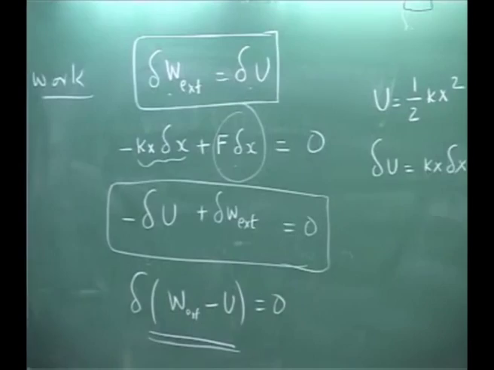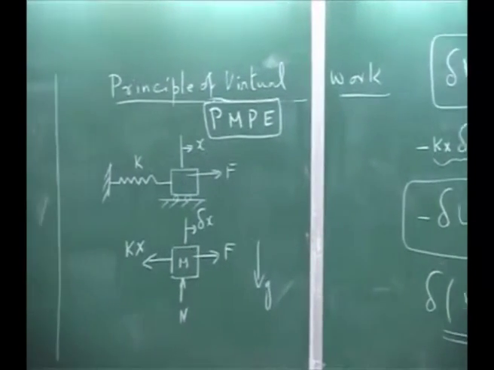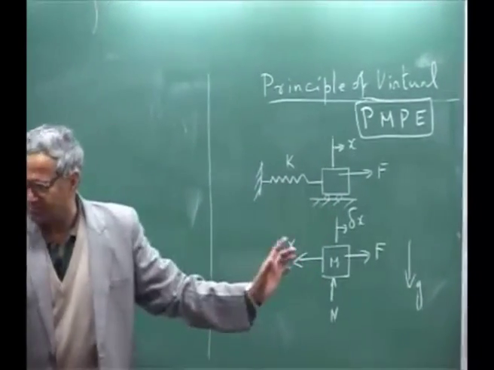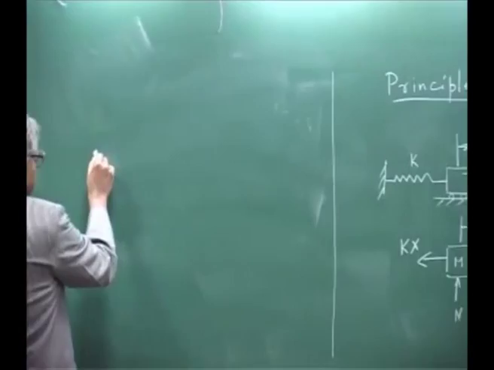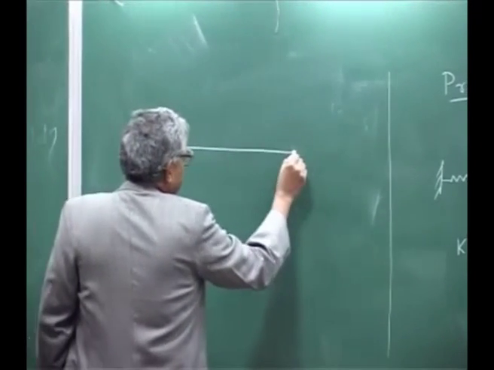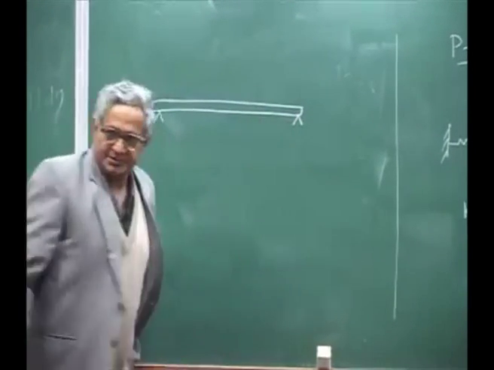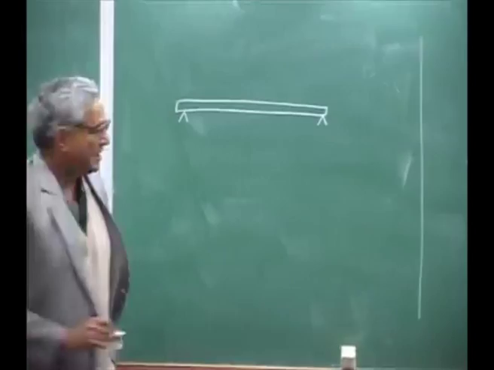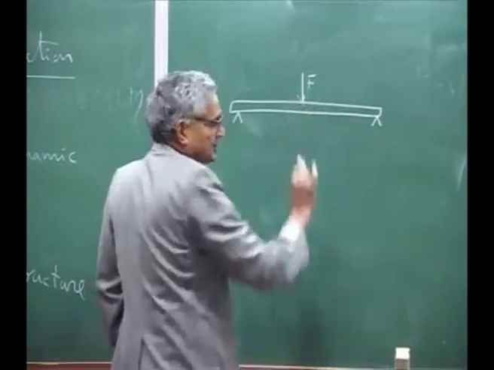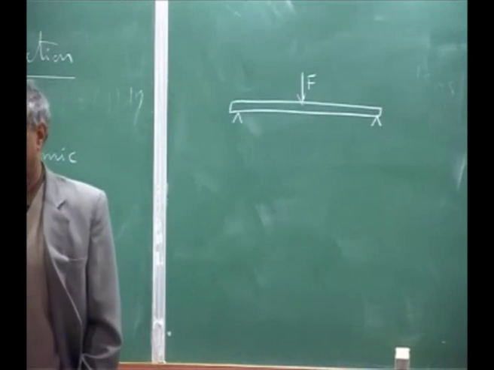Now I will not derive, but I am going to ask you to think. I have taken a very simple example. Let us take another simple example, which is a beam supported at two ends. I am applying some external force F here. Now how do I write the virtual work?